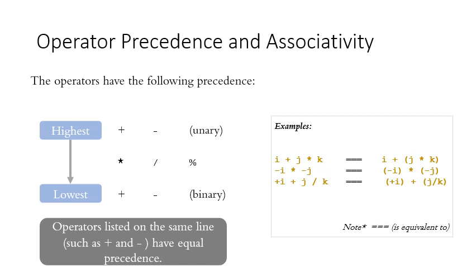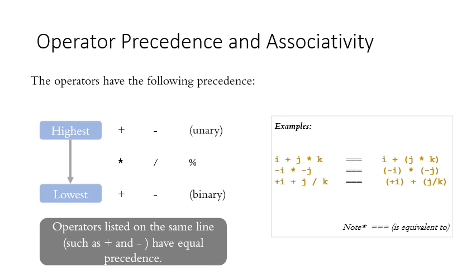For the next example, the unary operators have the highest precedence, so we add parentheses to negative i and negative j first before multiplying. Meaning the negative will apply to the number first before we multiply the two numbers.